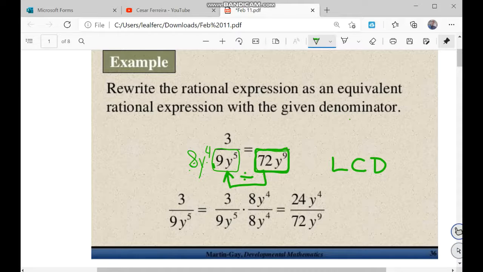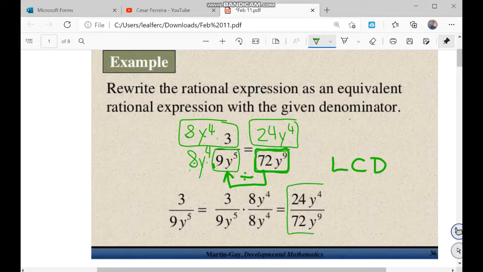And so you multiply on the bottom and on the top by 8y^4, and you're going to have the result. This is the new numerator. 3 times 8, 24, y^4. Okay? This is the new numerator. And you can check it here. Alright, this is a review about yesterday, how we find equivalent expressions.